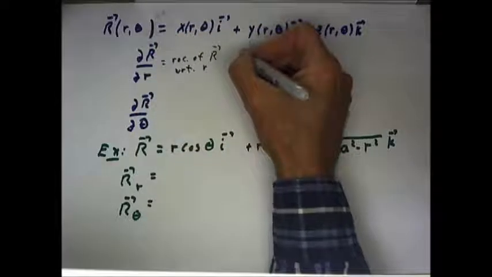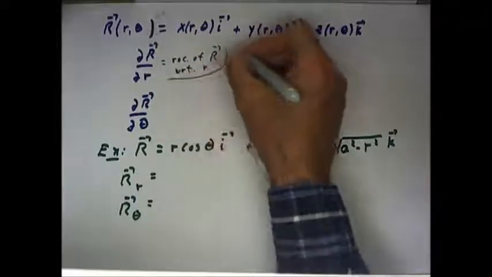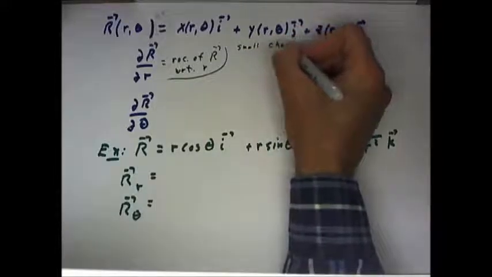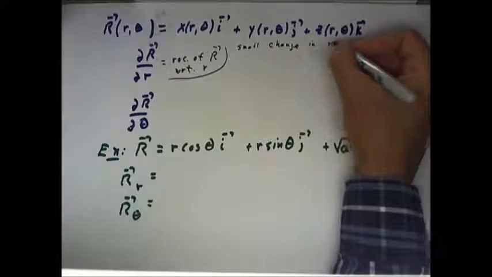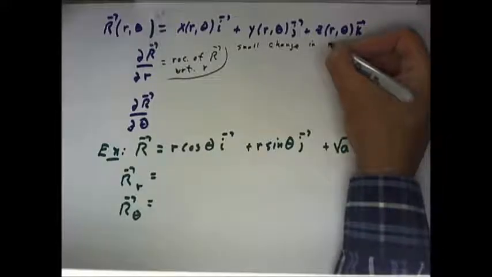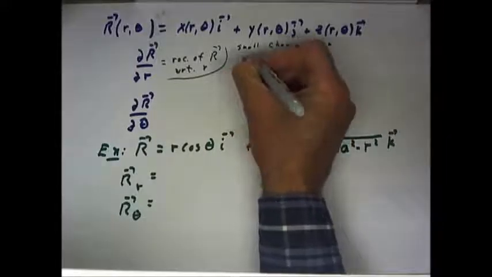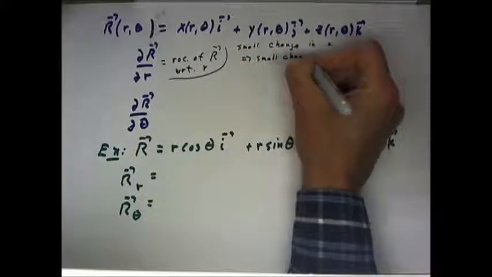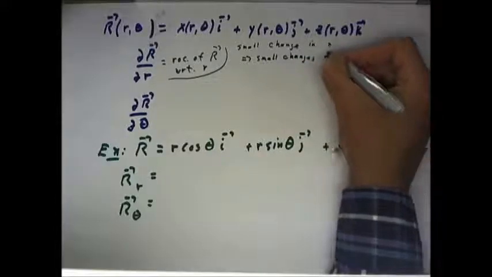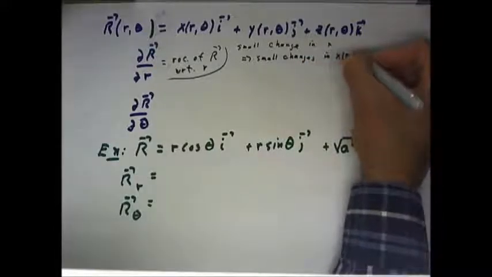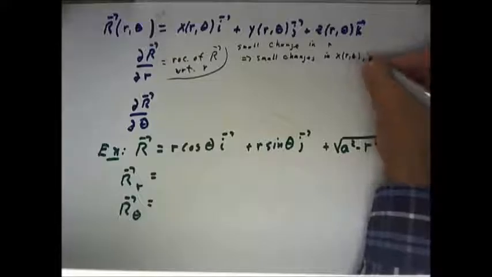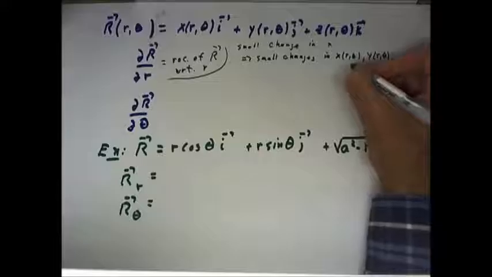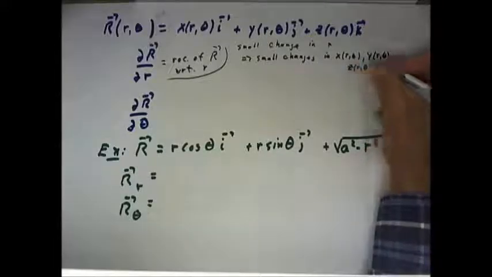To understand what that means, we ask, well, what does a small change in the value of little r do? This implies small changes in the x of r theta, y of r theta, and z of r theta functions.